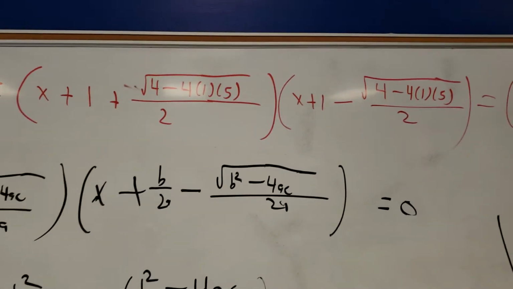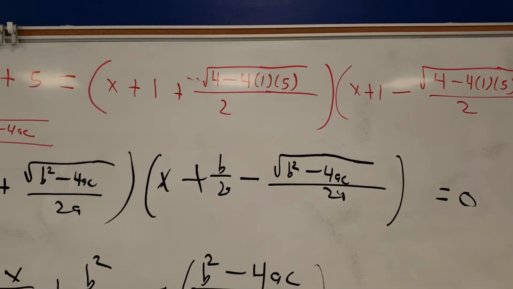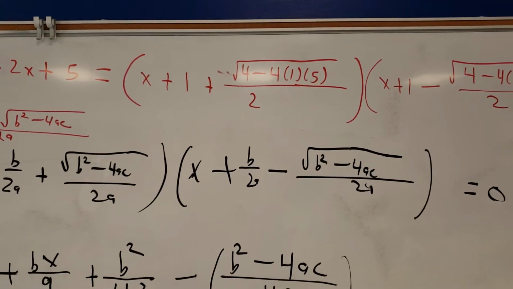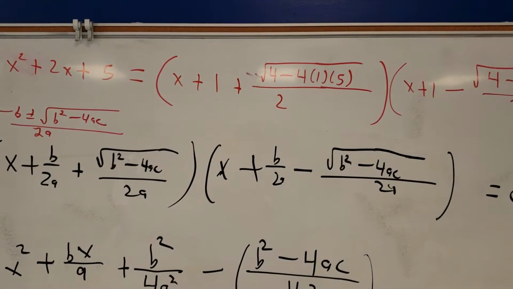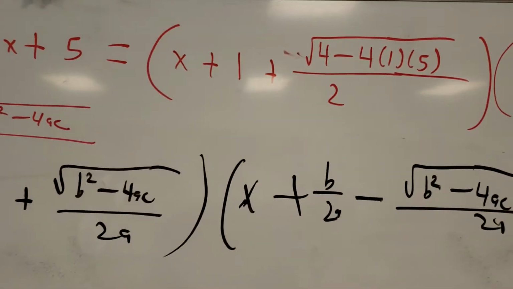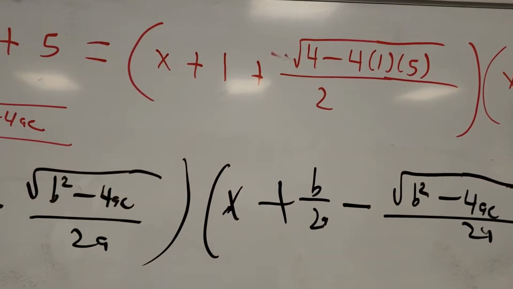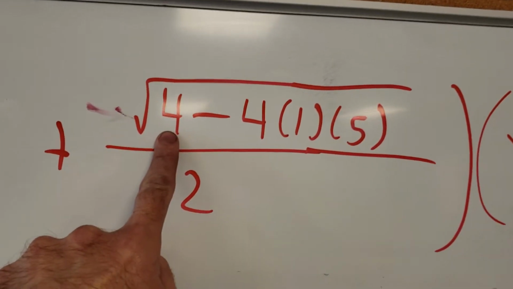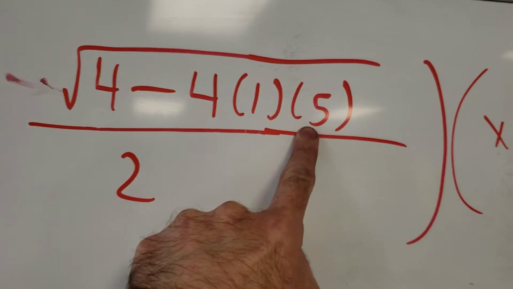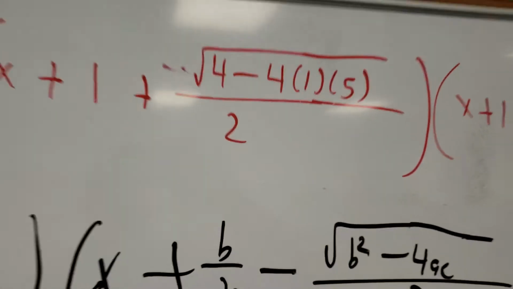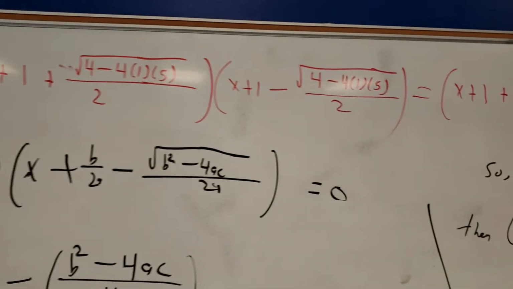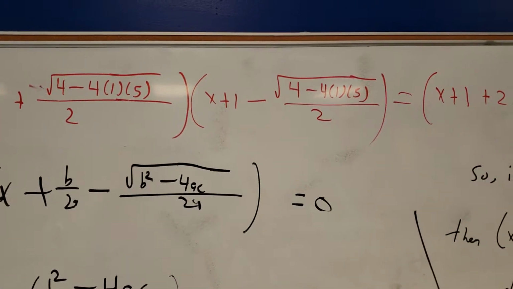And then plus the radical of b squared minus 4ac over 2a. Now b squared is 2 squared, which is this 4 right here, minus 4ac, but a is just 1, so we can ignore it. And then in the analogous case, x plus 1 minus that.